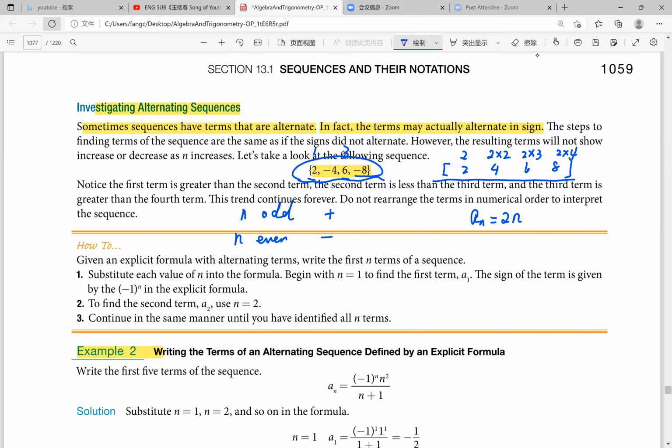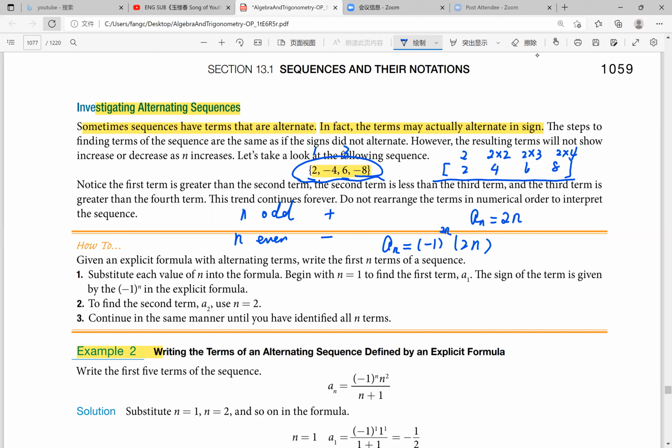So how to do it? We can use a technique. For example, we can use -1 to the power of 2n to define this one, then times 2n.